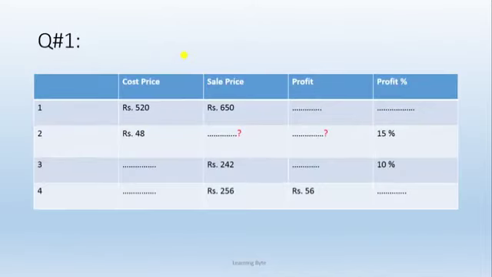Next we are going to solve the second part of this question. In this part we are given cost price and profit percentage. Cost price is equal to 48 rupees and profit percentage is equal to 15%, and we will have to find sale price and profit.